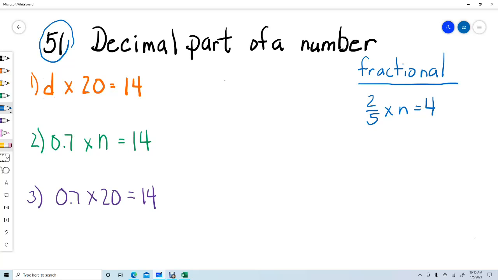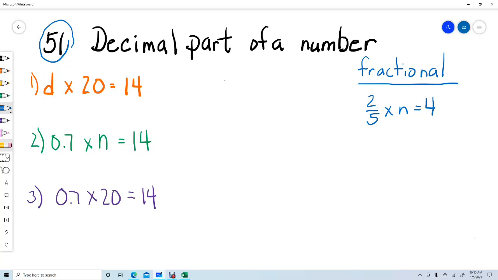That's optimal. Okay, so this lesson, lesson 51, is on the concept of the decimal part of a number. And we did something almost identical to this last semester called the fractional part of a number. You might remember, the text would give you word problems that would say something like, what fraction of 20 is 8?